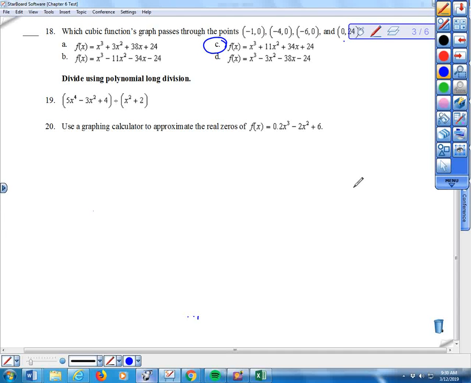I get 1.93 and find the third. And I get 9.68. So those are my 3 zeros. And I'm done.